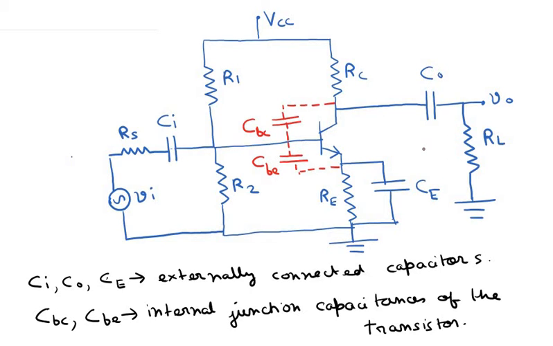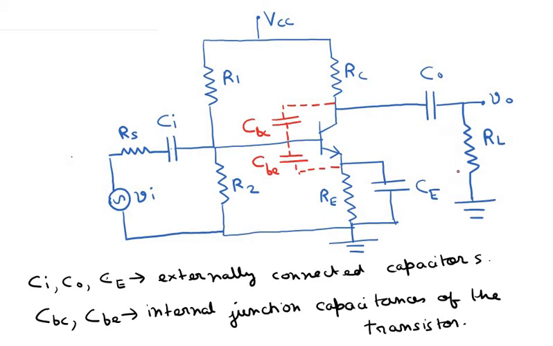Now, if I reduce the frequency to a very low value, then C0 would provide a finite impedance, and so a fraction of the AC component of the output voltage would also drop across this capacitor C0, and as a consequence the output voltage that appears across this load resistor RL would be reduced. So basically the gain is again reduced.